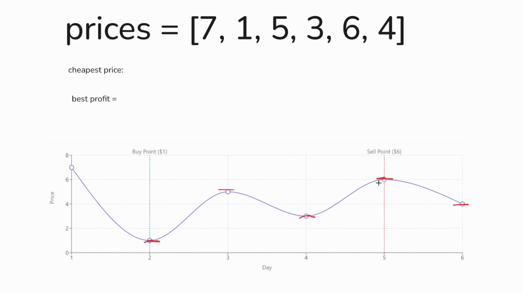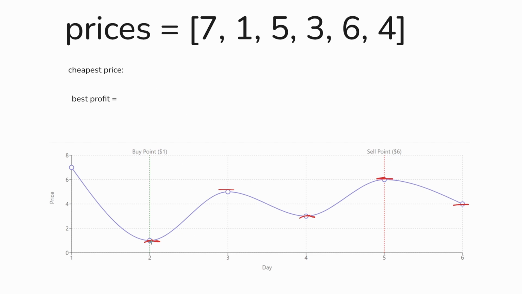Okay, so as we go through, how are we going to do this? As we go through this algorithm, we're going to look at the cheapest price that we currently can buy the stock at, and then based off of that, we want to see the maximum amount of profit that we can extrapolate from that cheapest value.